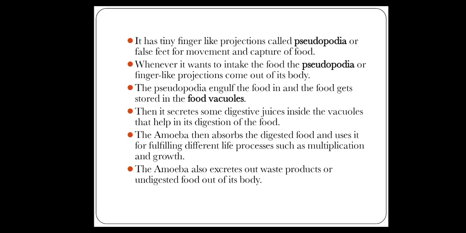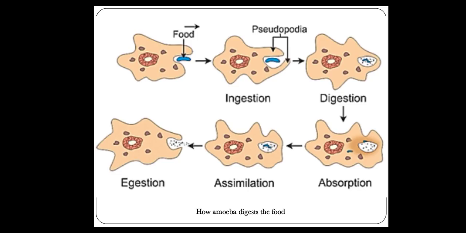The food is absorbed and it is assimilated to the whole amoeba so that it can be used for growth and multiplication, and then whatever the undigested food is there, it is ejected out of the body, that is egestion takes place.